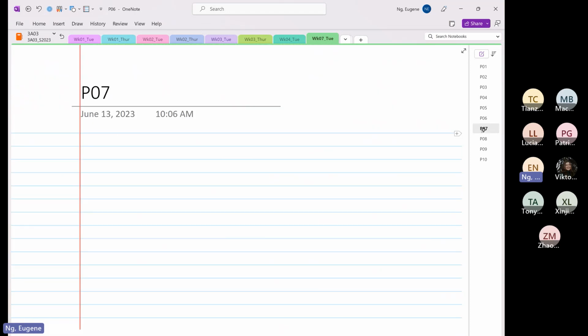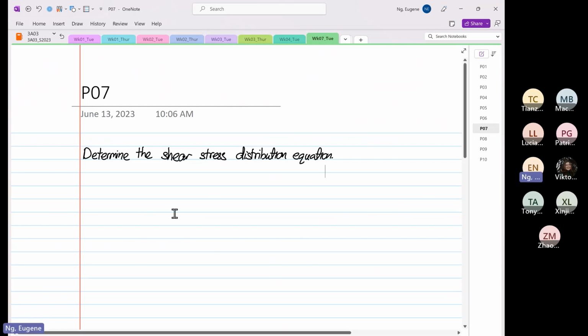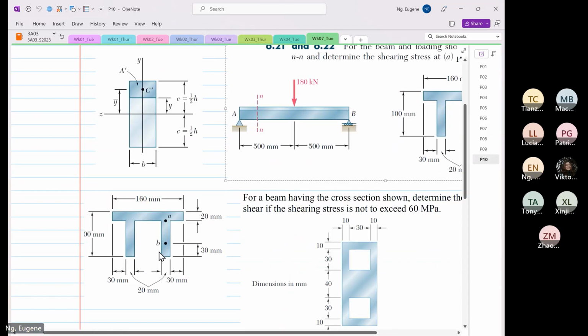So next thing we're going to do is determine the shear stress distribution equation. Let me get the diagram across again.